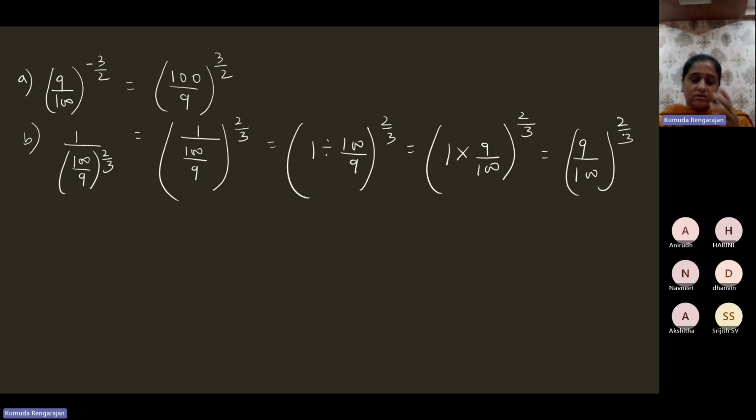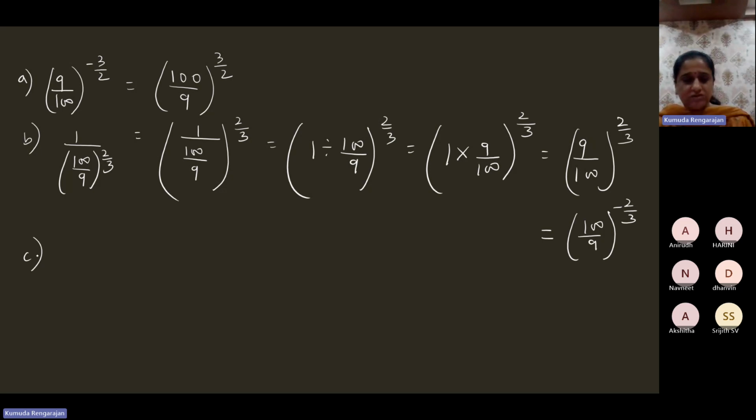This is the given expression. Another way of writing this is reciprocal of the base, negative of the power. No, it's not the same as what we have in the question.